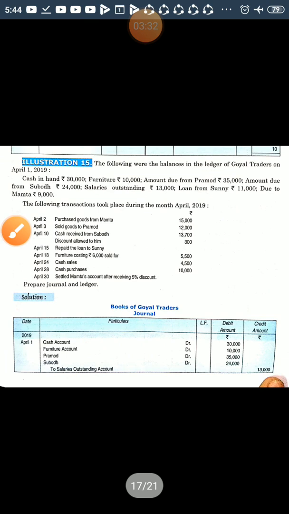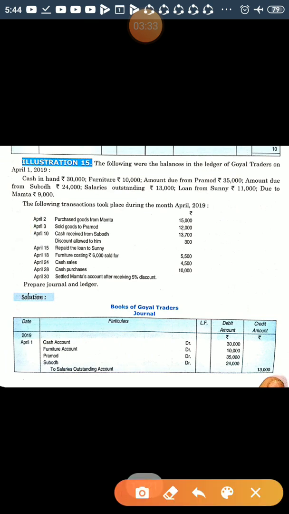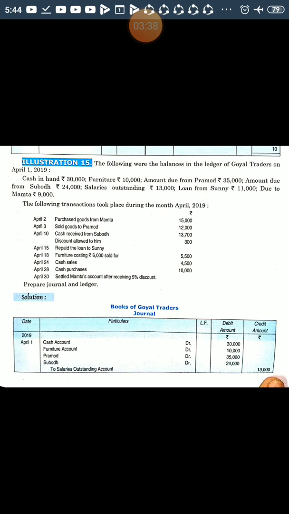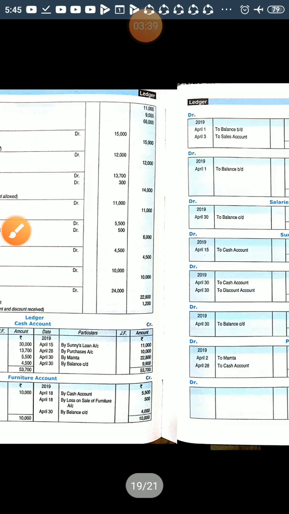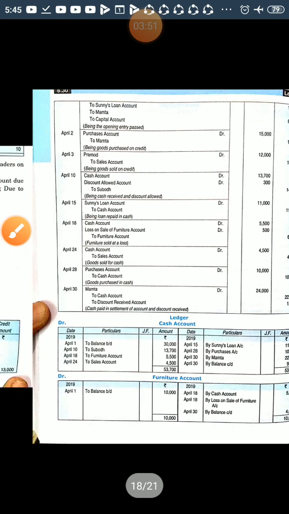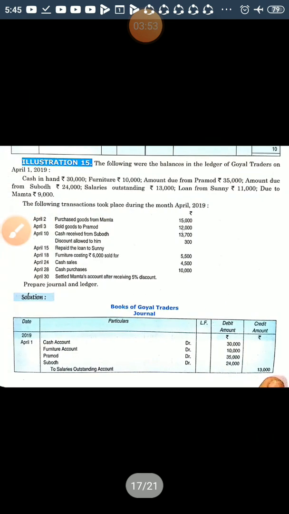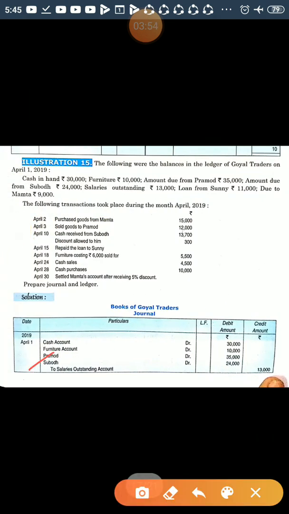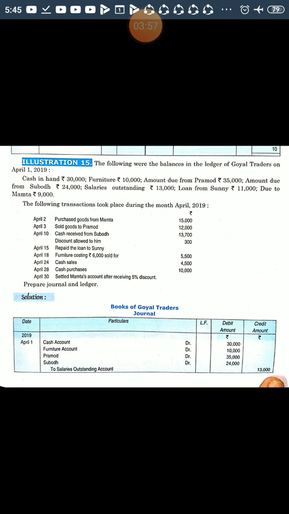Now next is Pramod, 35,000. So in Pramod's account you will write April 1st to balance b/d 35,000, right? The same way, Subodh was debited with 24,000.